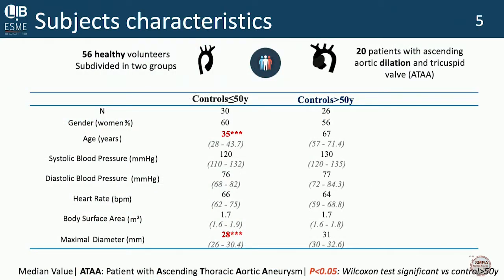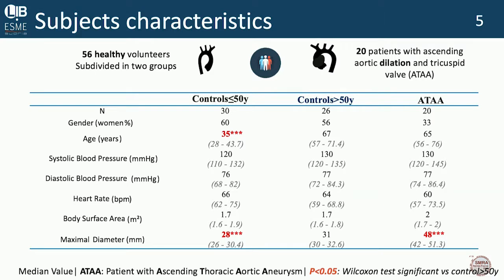To achieve this goal, we had 56 healthy volunteers as well as 20 patients with a dilation of the ascending aorta and a tricuspid valve. Because we wanted to also study the effect of both aging and pathological dilation, we divided our control group into two subgroups, age under and above 50 years.